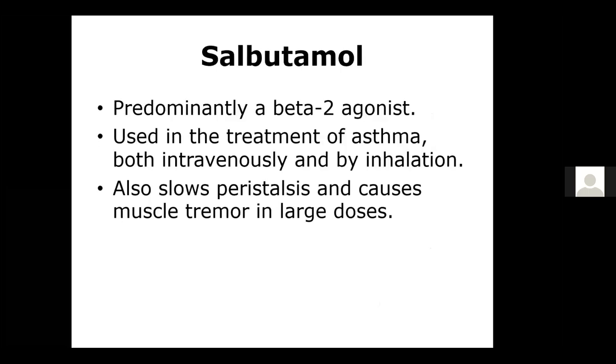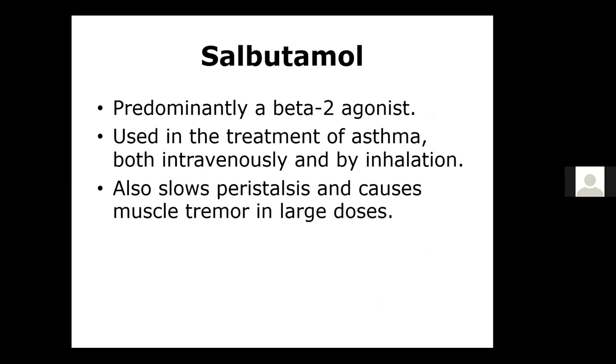So let's move on. I think all of you are familiar with salbutamol. Salbutamol is a beta 2 receptor agonist, so it works on the beta 2 receptor causing bronchodilation.